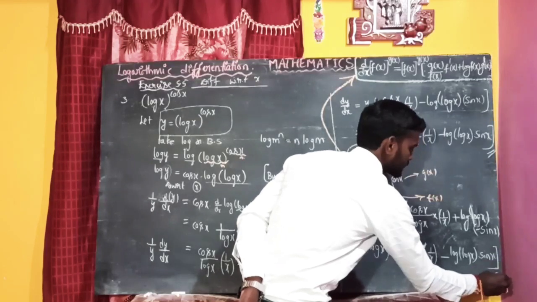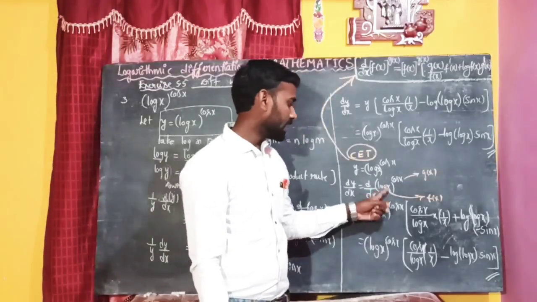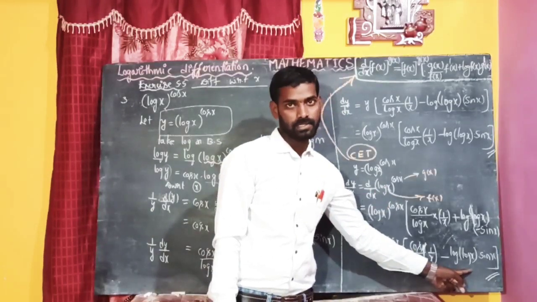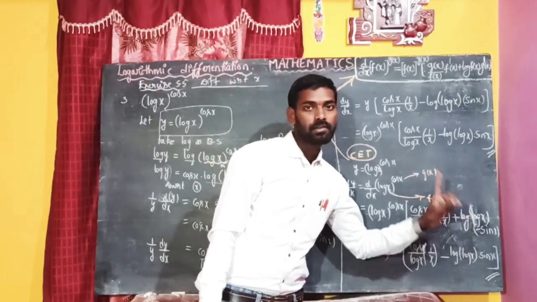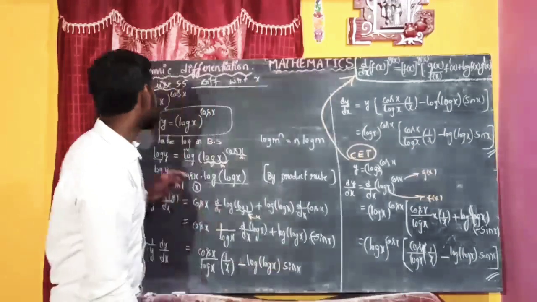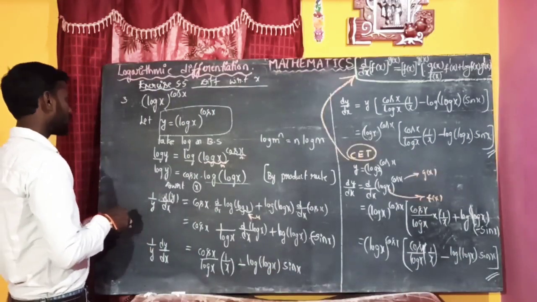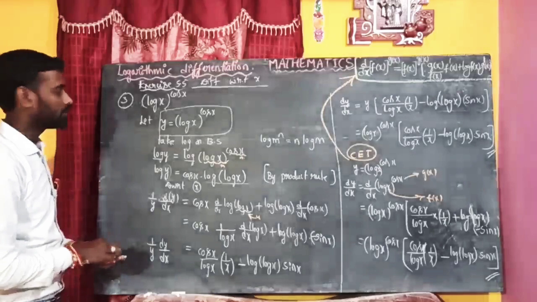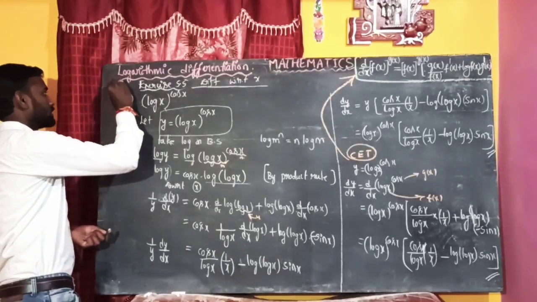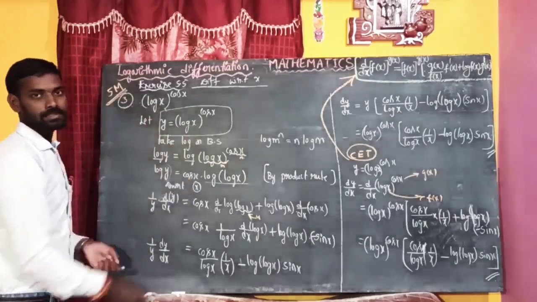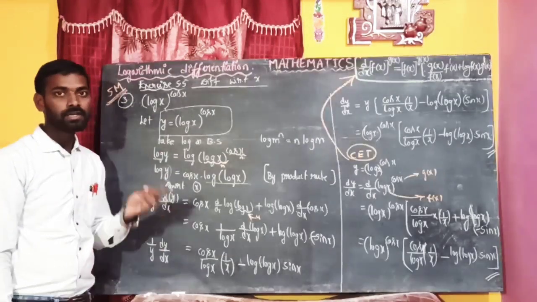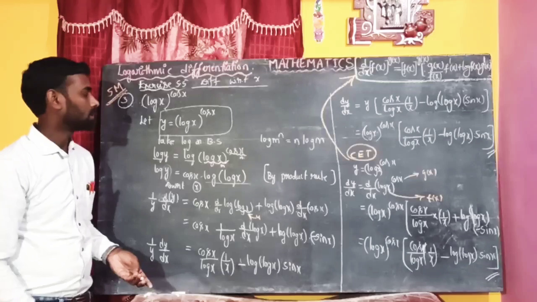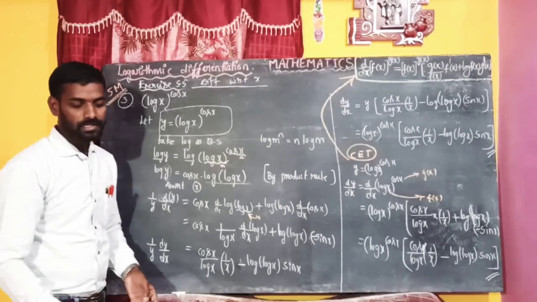For CET questions you will directly solve like this. Otherwise, if they ask for 5 mark or 3 mark questions, then you can go like this. Usually this kind of question is asked for 5 marks. Now let us go for the next question, guys.